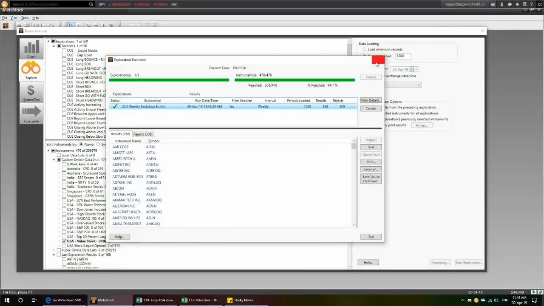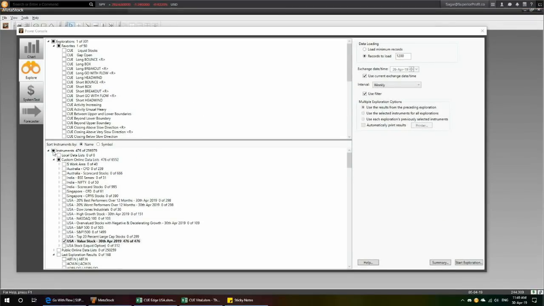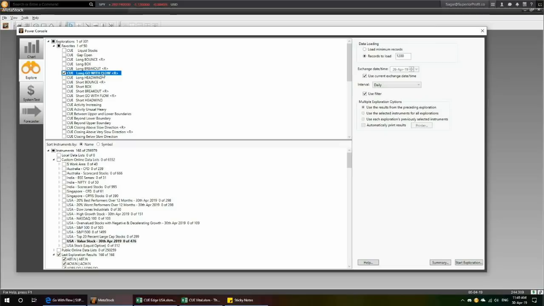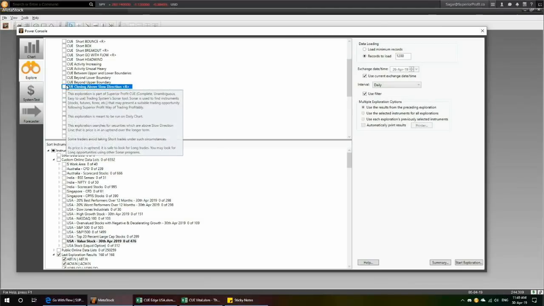Now I am going to use the result from the last exploration, these 168 stocks, that is my stock universe now. I'm going to run my sonar on daily interval and I'm going to deselect everything and select long go with flow trade setup, the sonar for that, and another one which says price is above the slow direction line.